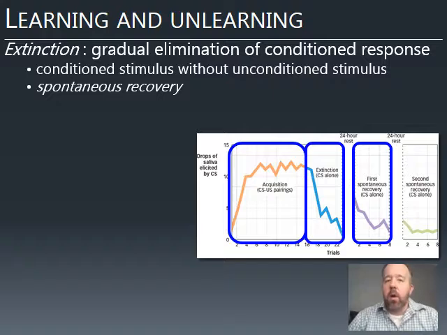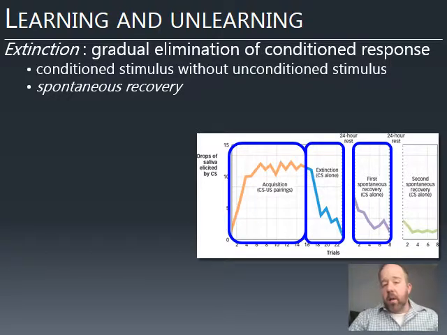So clearly, the dog had retained some information about the association between the bell and the food. And so that's what's called spontaneous recovery. Strictly speaking, not truly spontaneous, it's not instantaneous, but the animal does bring back that knowledge. And so it starts exhibiting the CR again.